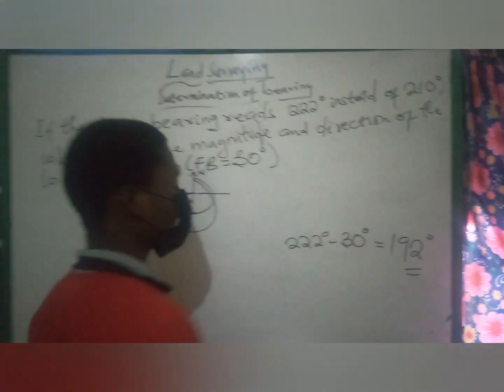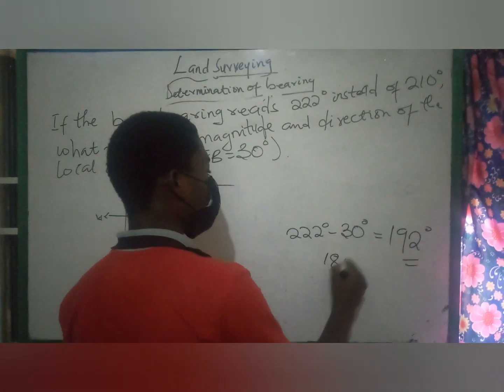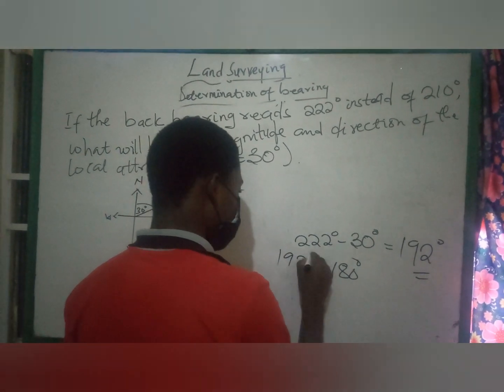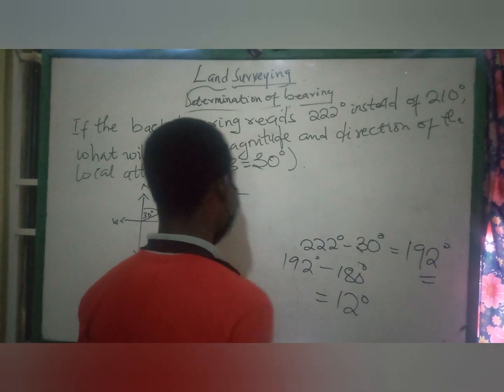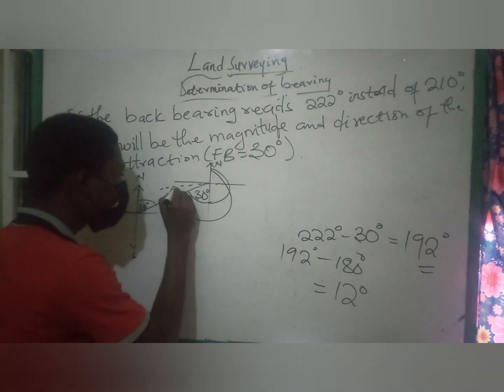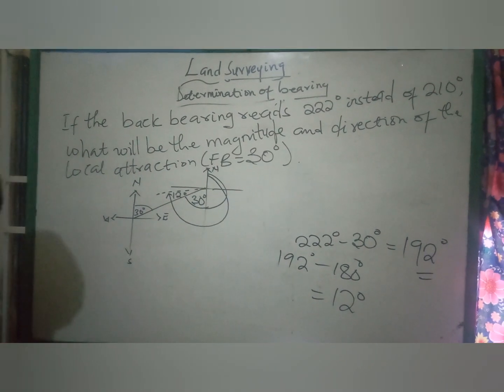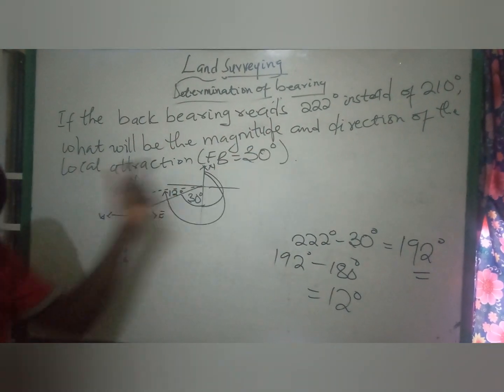This is telling us that the difference is not 180 as we expected. So the difference becomes 12 degrees. Now the 12 degrees becomes the value of this smaller angle here. But now they said what will be the magnitude and direction of the local attraction.